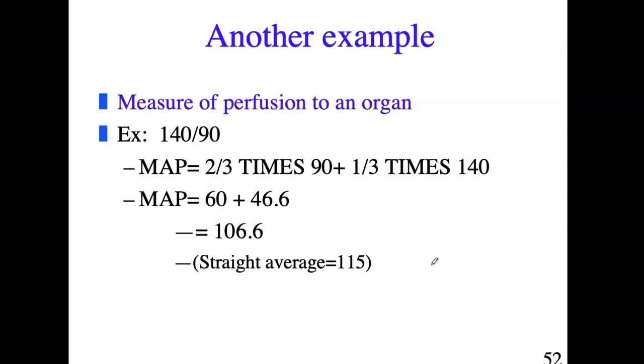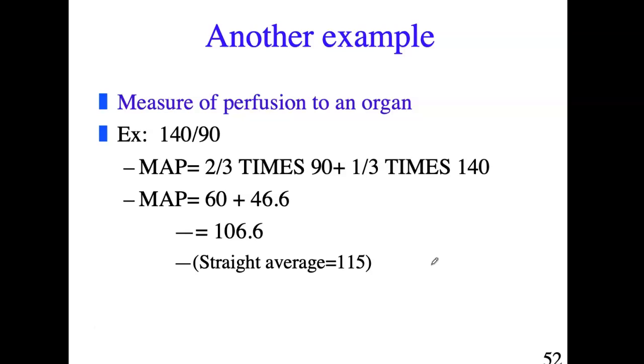Let's get another example. If I had to measure the perfusion to an organ, because that's really why we care about this. It's like how much blood is actually arriving at an organ or arriving at a system. So the mean arterial pressure, again, 2/3 times diastolic and 1/3 times systolic.